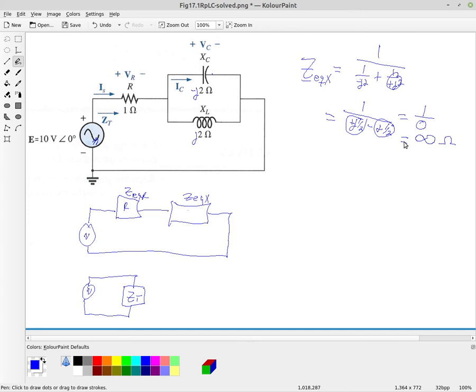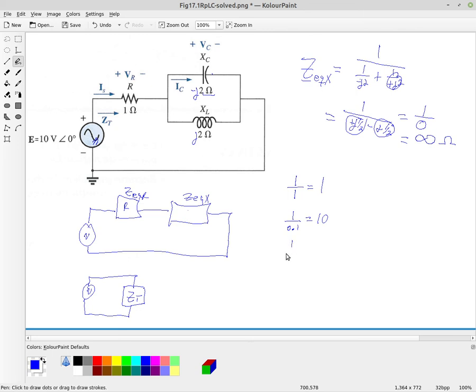If you don't remember quite how that works, think about this. I know the mathematicians tell us we can't divide by 0. But you need to consider the fact that, when this says 2 ohms, it may actually be off a little bit. So let's just take a look. If I take 1 divided by 1, that of course simply gives me 1. If I take 1 divided by a smaller value, call it 0.1, that would give me 10.